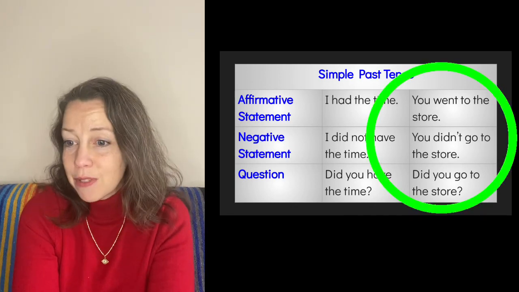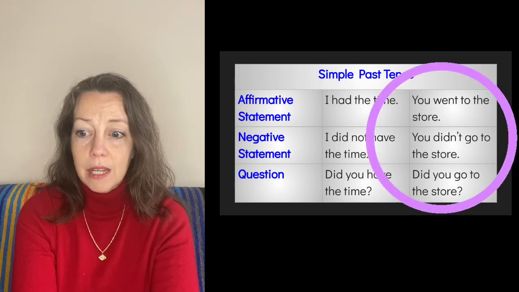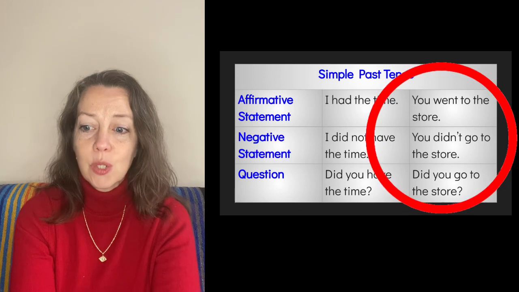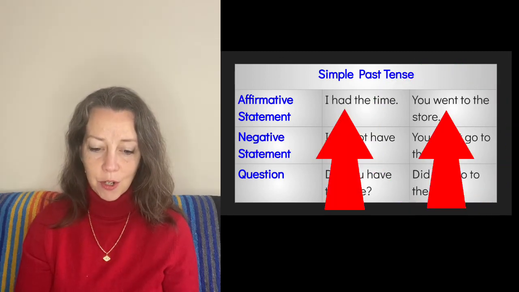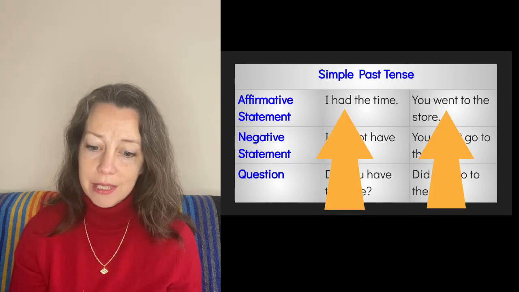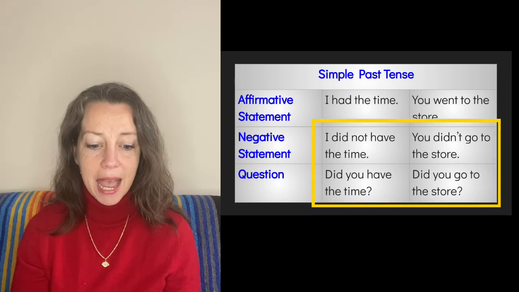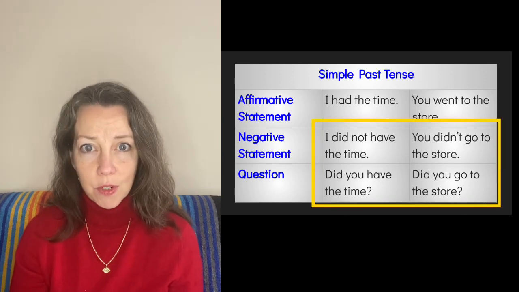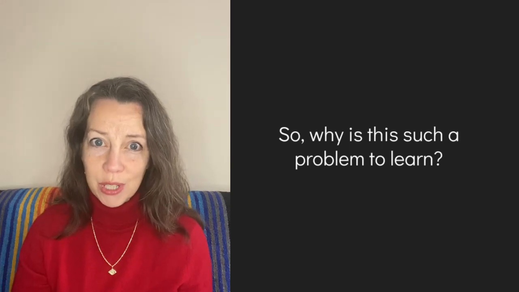Again, the affirmative statement, you went to the store, in a negative statement would be, you didn't go to the store, and in question form, did you go to the store? Notice, the past tense verb form of the main verb is only used in affirmative statements. In negative statements and questions, the past tense form of the helping verb is used, and the main verb is in its base form.